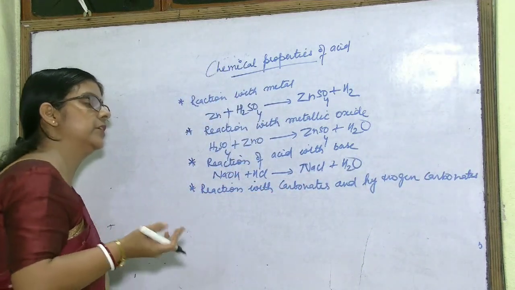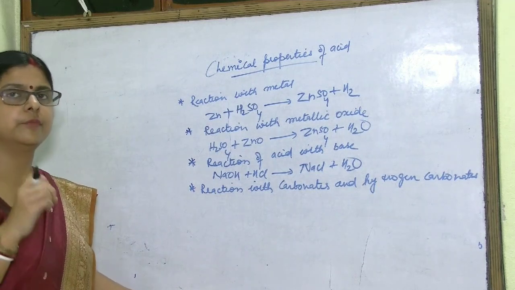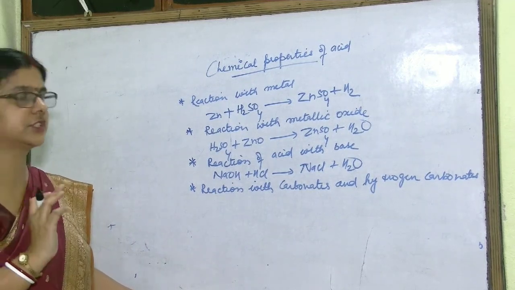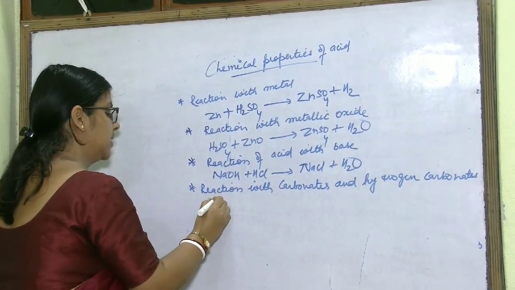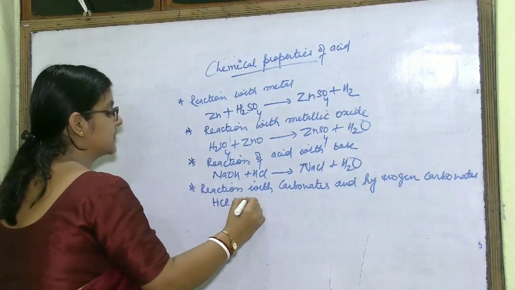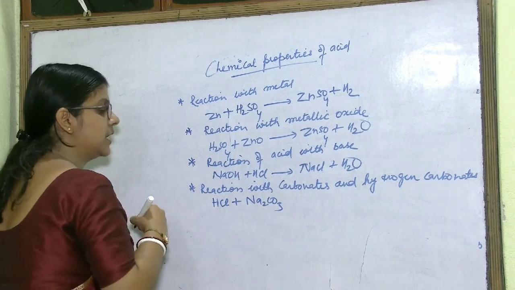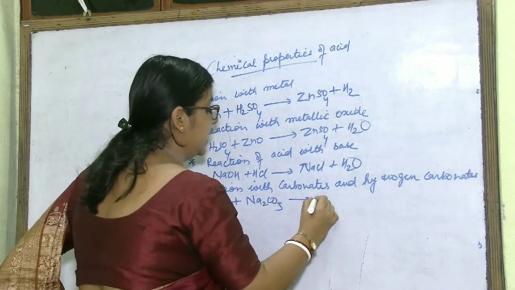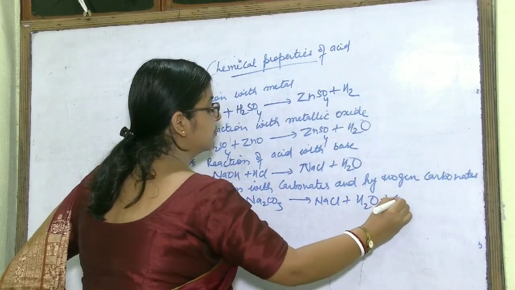Acid reacts with carbonates or bicarbonates to form salt plus water plus carbon dioxide. So, if you are taking any example like HCl plus Na2CO3, what will be the product? Product will be NaCl plus water plus CO2.